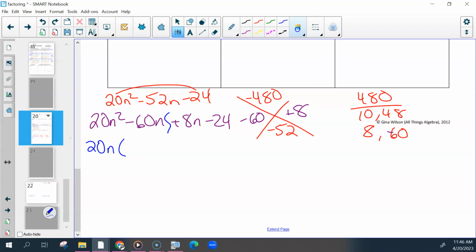N minus 3. And then what could we divide out of these last two? 4 works, that's not the highest. 8. Positive 8. And then what would be left if we divided that out?